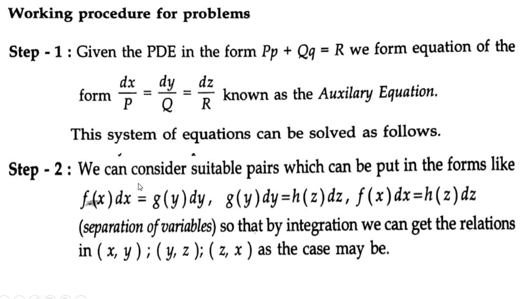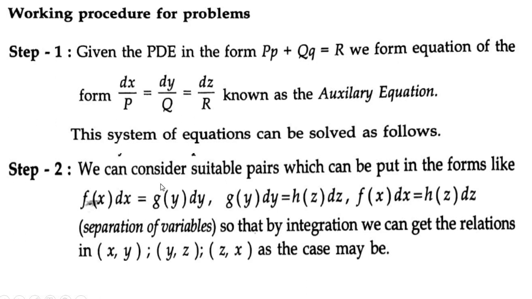Step 2: we can consider suitable pairs which can be put in forms like f(x) dx = g(y) dy, which means dx is a function of x and dy is a function of y. In a similar way, you can choose another two pairs: g(y) dy = h(z) dz, and f(x) dx = h(z) dz.